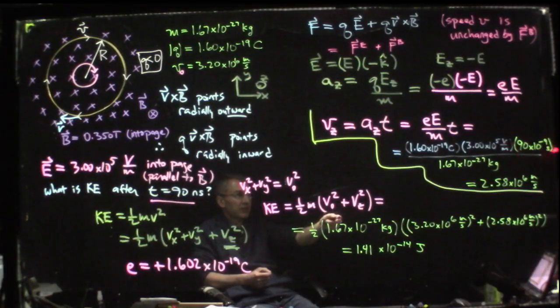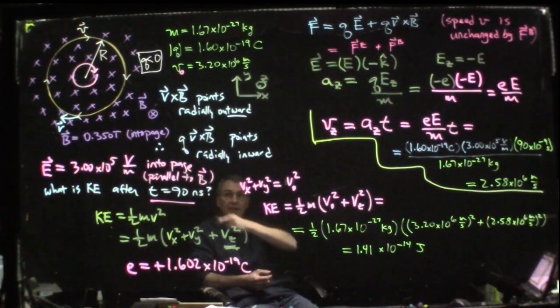Remember, a nanosecond is 10 to the minus 9 seconds. So 90 times 10 to the minus 9 seconds, divided by the mass of a proton, 1.67 times 10 to the minus 27 kilograms, we get 2.58 times 10 to the 6th meters per second. That's the velocity component going out of the page, toward us.